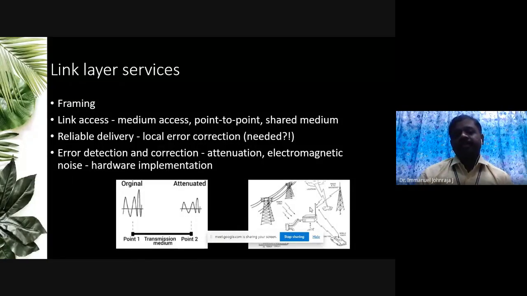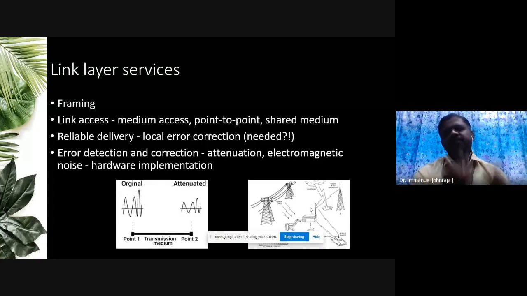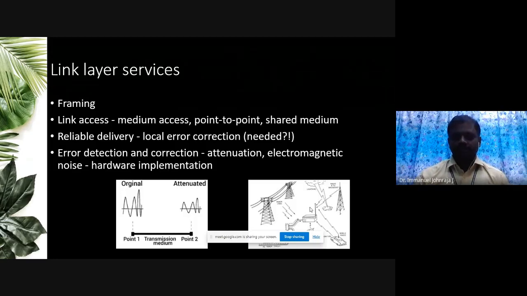But it is the link layer which makes all things happen, because just below the data link layer you have only the physical layer, where only electrical signals, light signals or radio frequency are exchanged. From that, everything has to be converted into zeros and ones, and the data has to be pushed to the upper layer. So the link layer is very crucial.